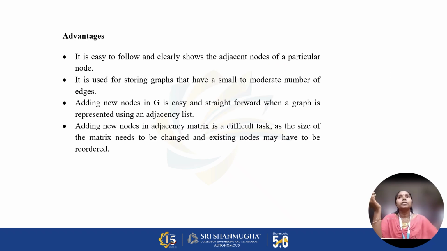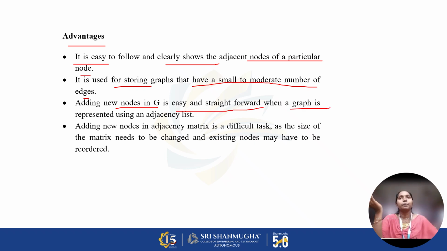And the advantages of graphs: it is easy to follow and clearly shows the adjacent nodes for a particular node, and it is good for storing graphs that have a small to moderate number of edges. Adding new nodes in a graph is easy and straightforward when the graph is represented using an adjacency list.